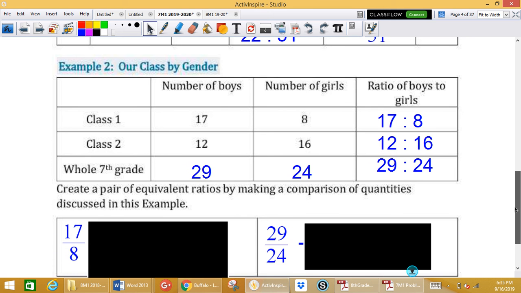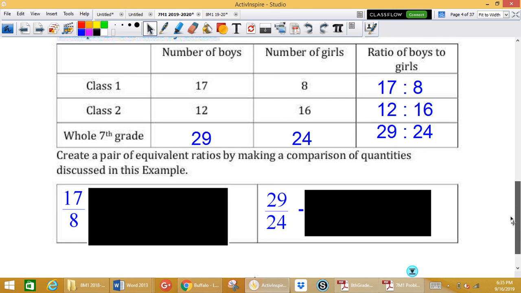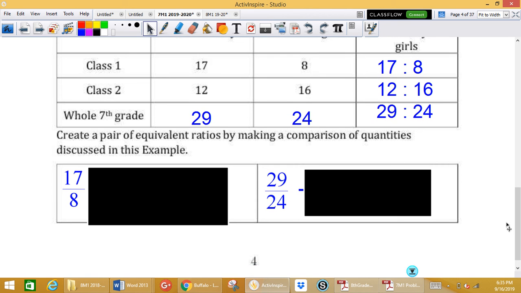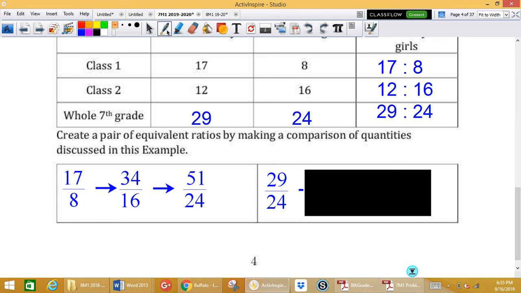So create a pair of equivalent ratios by making a comparison of quantities discussed in this example. So I'm going to take class 1, which is 17 over 8. And what I'm going to do is multiply the top and the bottom by 2 to get 34 over 16. And then I multiply the first one by 3 over 3 to get 54 over 24.